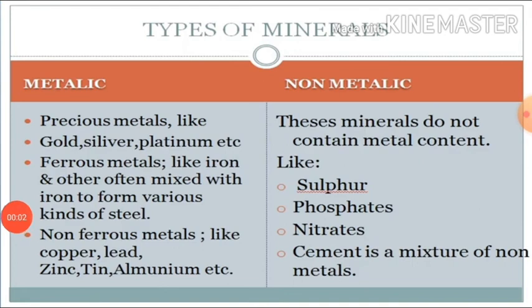Now the minerals are divided based upon metals, metallic and non-metallic. Under metallic, precious metals like gold, silver, platinum, etc. Ferrous metals like iron and others often mixed with iron to form various kinds of steel.